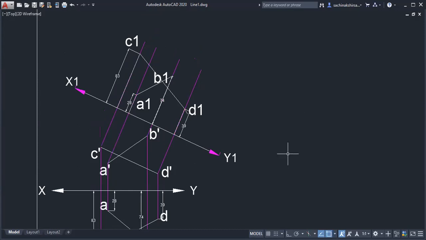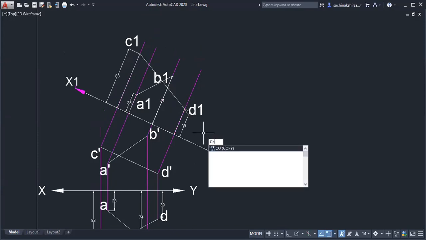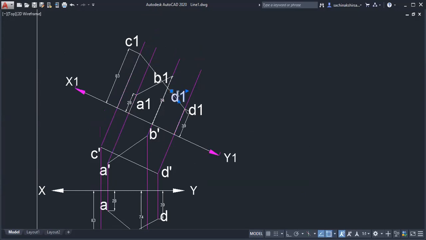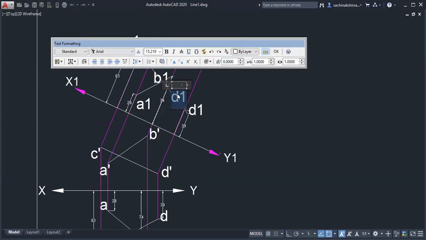C1 D1 is a true length. Why is C1 D1 a true length? The answer is correct, but what is your justification? C dash D dash is parallel to X1 Y1.